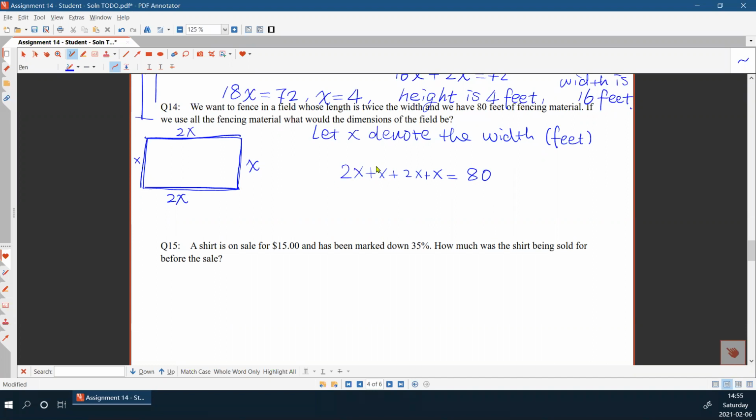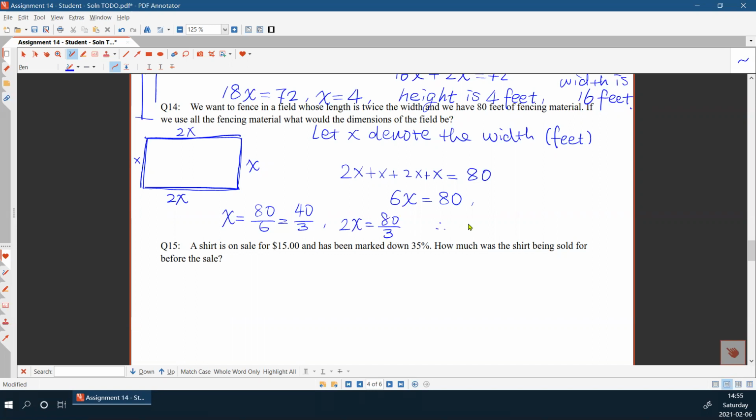And the left-hand side gives you 6x. Right-hand side is 80. So that means our x is 80 over 6, which can be simplified to 40 over 3, right? And of course, here 2x is 80 over 3.